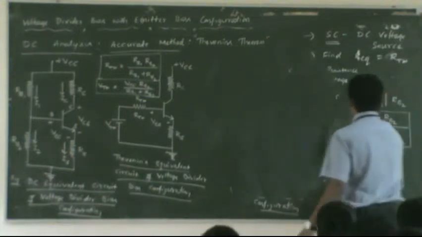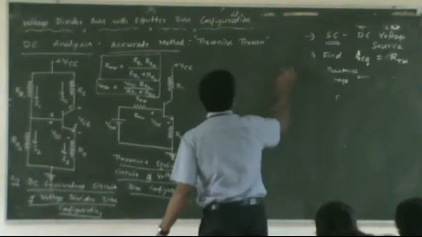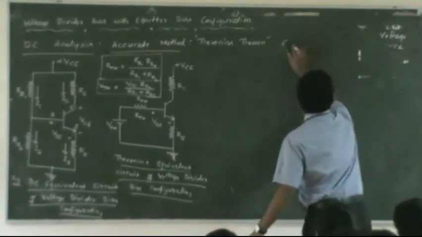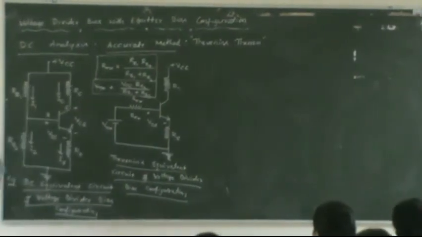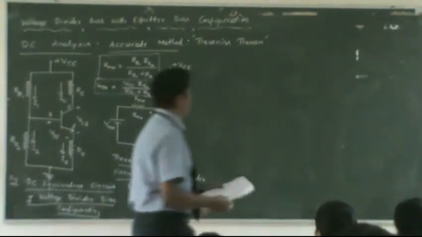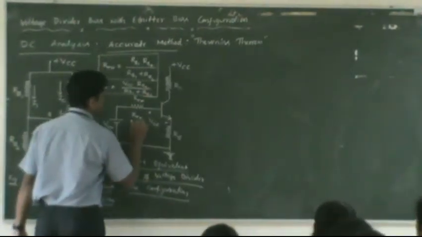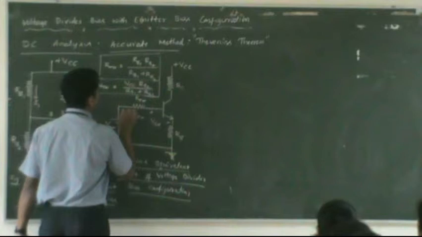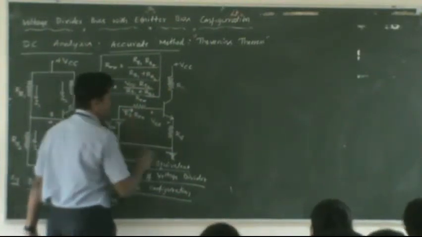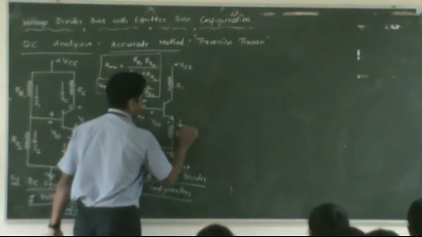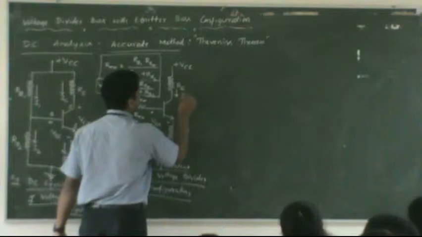Okay, now we can find out the operating point by applying KVL to the input section. Apply KVL. This is our input section. Whatever current is flowing here we will call IB, the current flowing here we call IE, and the current flowing in the collector we call IC.